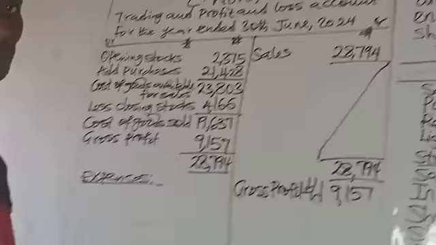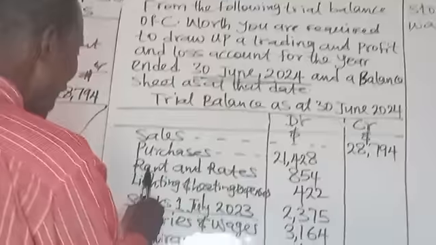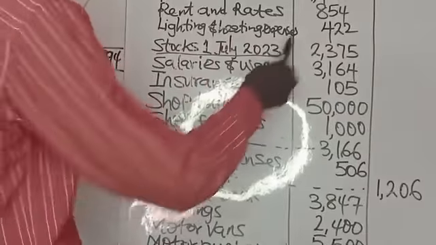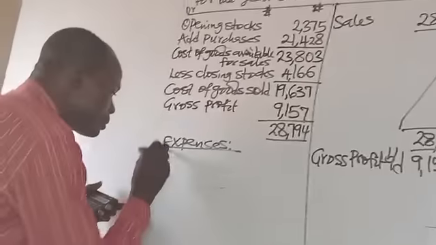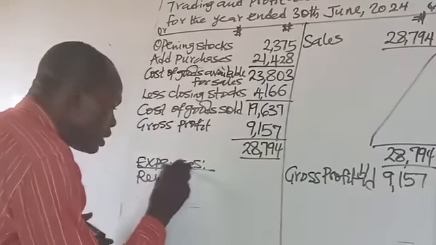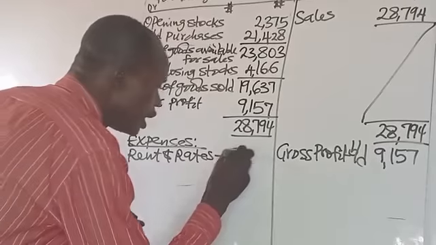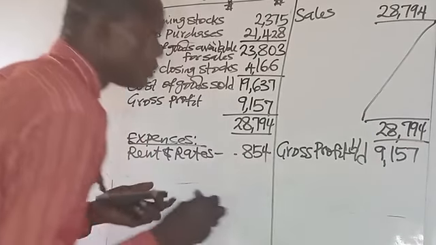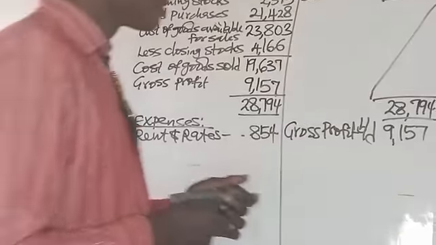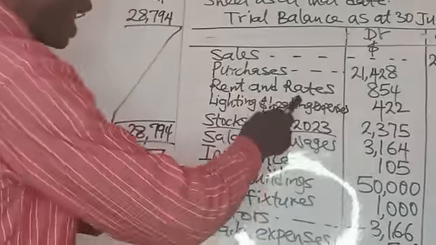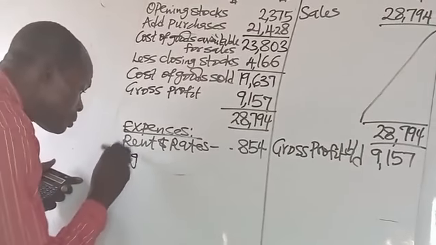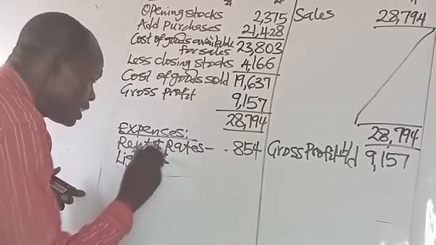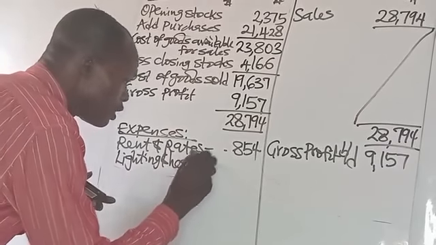Back to the question. Then we have rent and rates, 854. Then we have lighting and heating expenses, 422.